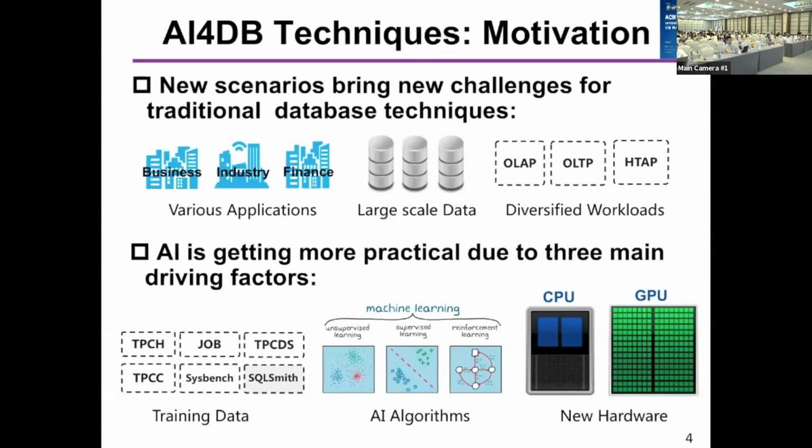But in database, we focus on improving accuracy and efficiency. For efficiency, we can easily get the results by running some workloads. So we have a large opportunity to utilize machine learning techniques to optimize database performance.